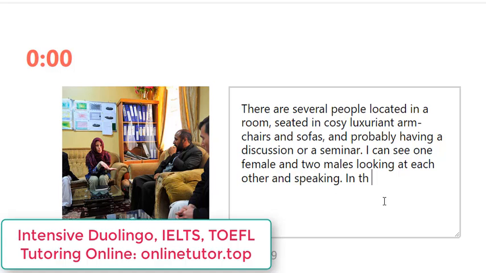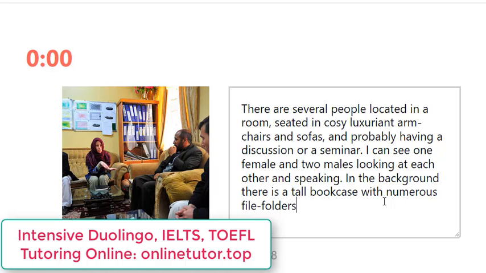For instance, in the background, let's mention the background. There is a tall bookcase with numerous file folders, something like that, bordering on a window.